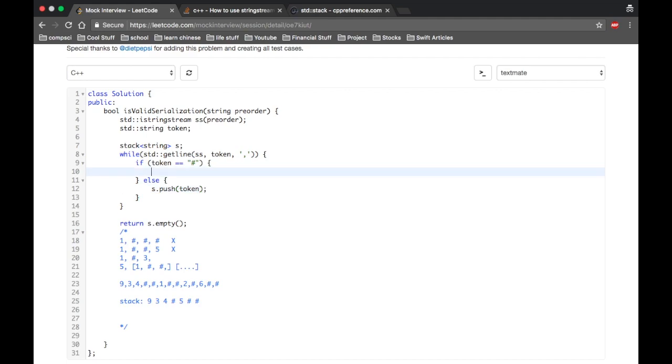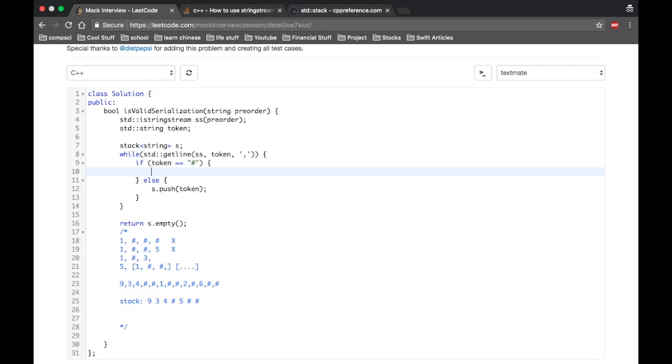Now in the case that it is a hash mark, what do we do? Well, if it's the first one, then we don't do anything.